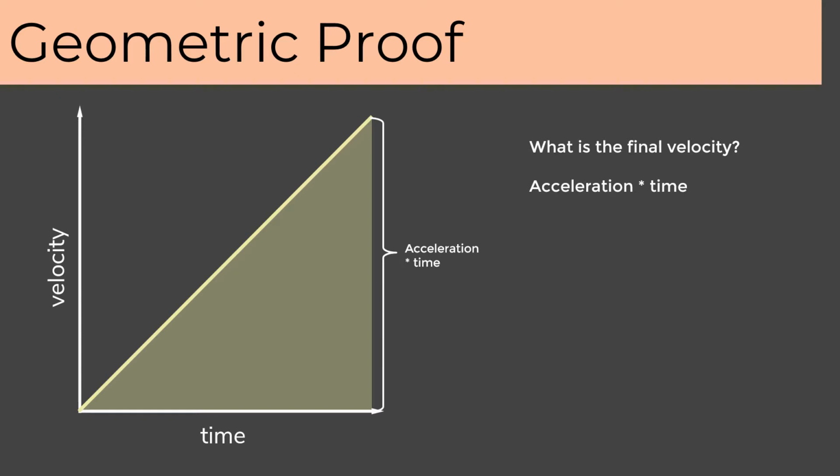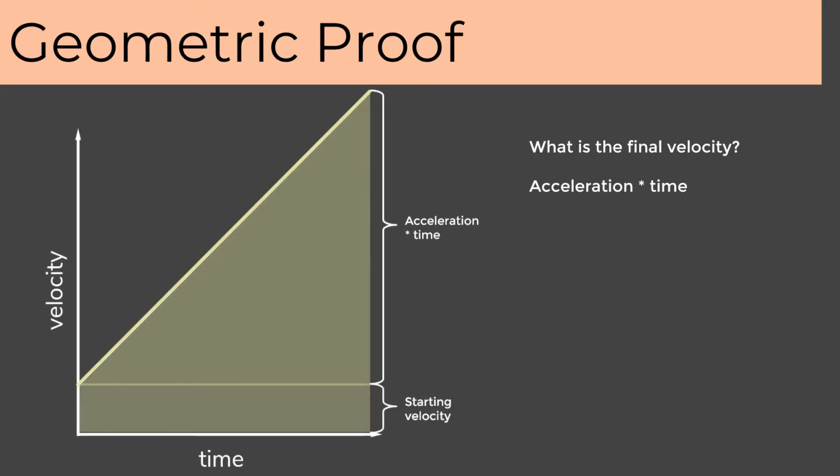Now, if the object we're looking at starts off the journey with a starting velocity, we'll have to shift our entire graph up a bit, because it doesn't just start at 0. It might start at 1 meter per second and then change from there, and we add the starting velocity to our equation. This equation is analogous to the slope y-intercept equation of a line.